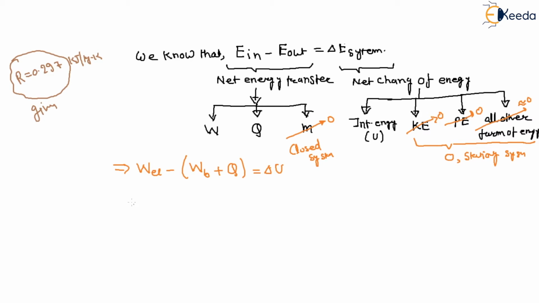This discussion is very important. So W electrical minus heat is equal to change in internal energy plus boundary work. This quantity we can write as change in enthalpy.